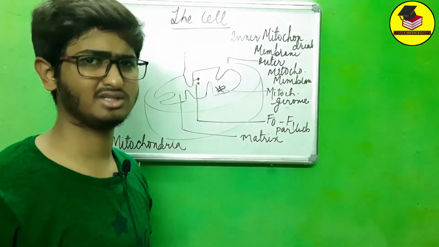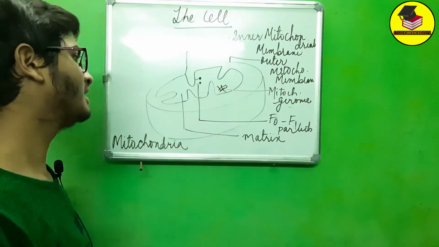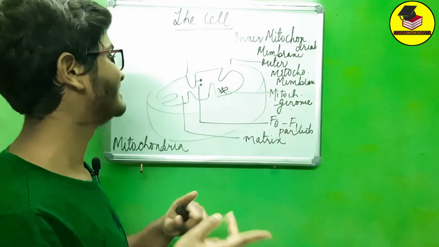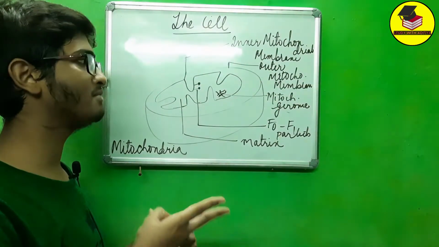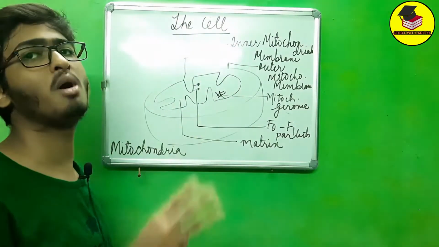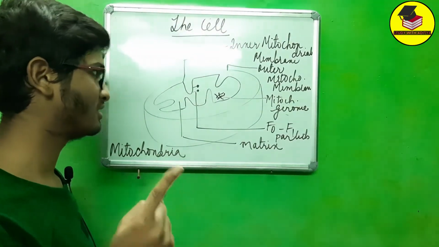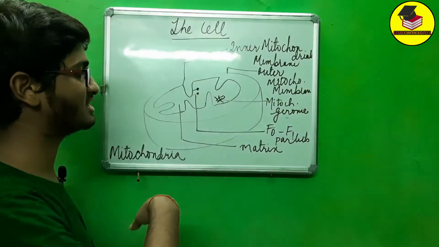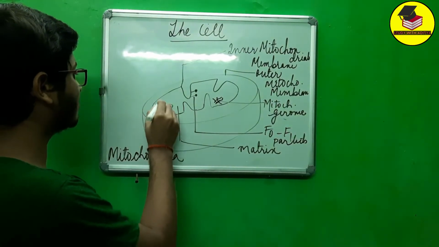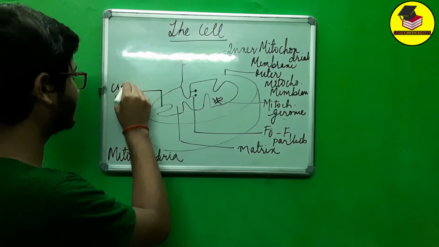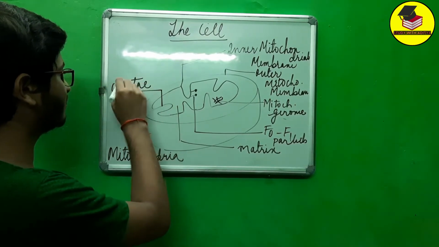We call it a sausage shape, but preferably you should write it is a rod shaped organelle. Second thing, it has two membranes. Third thing, the inner membrane is folded to form finger-like structures. Okay, and these finger-like structures are known as cristae. Crista, we call these as crista, but cristae means the plural form of crista.